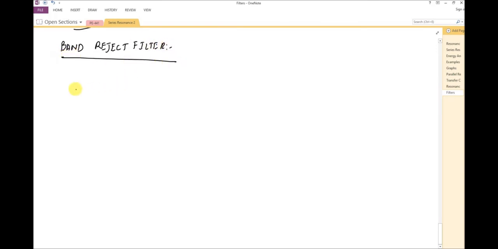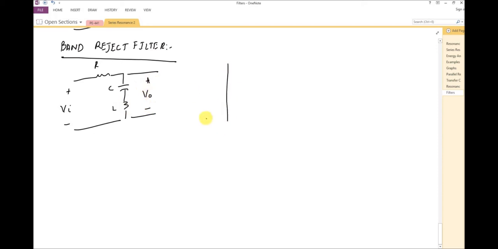In the band reject filter, again we have a series combination of resistor, capacitor and inductor. We have an input voltage Vi, R, C and L, but now we are taking the output across the capacitor and inductor. So this will be your output voltage.